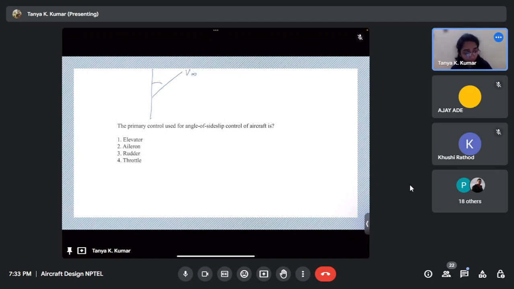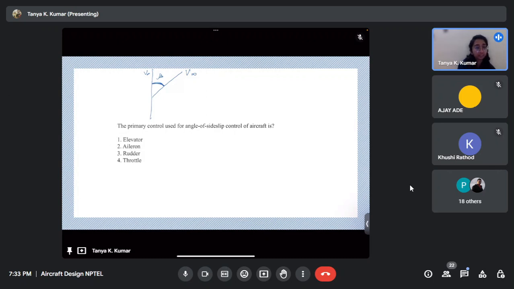So this is beta. V infinity was originally here. Due to a gust, it has moved sideways and then it has produced a side slip angle beta. Is that something we can control? No, right? Because the V infinity moved sideways, you have a side slip, but it's not something that we can control.